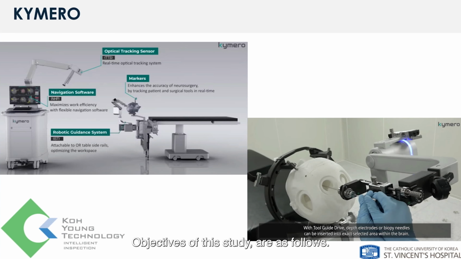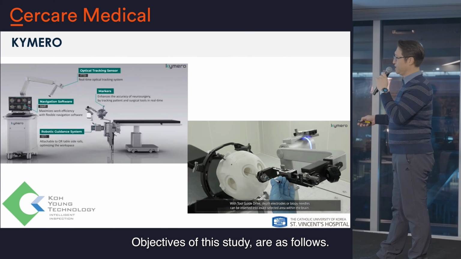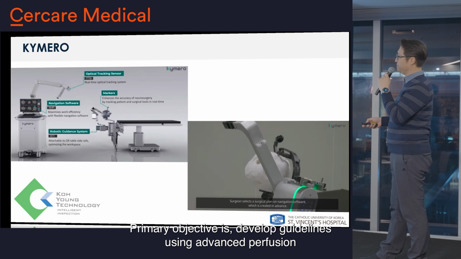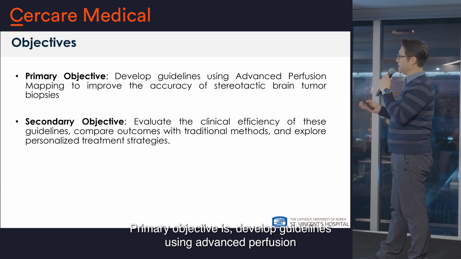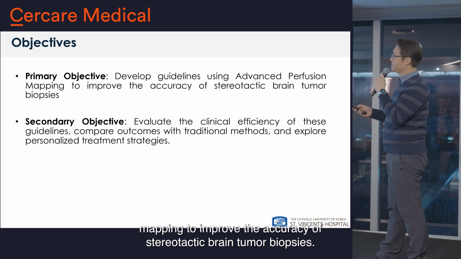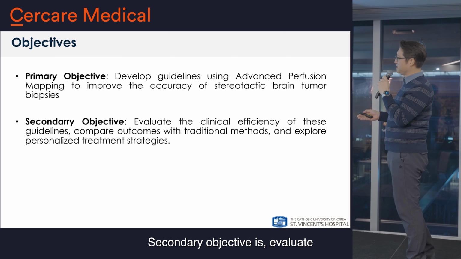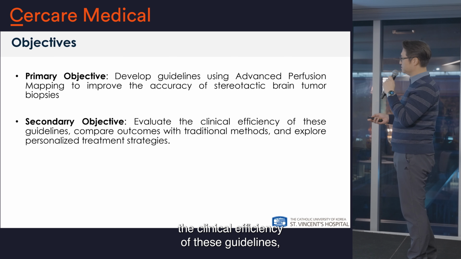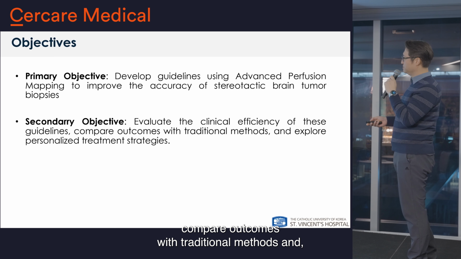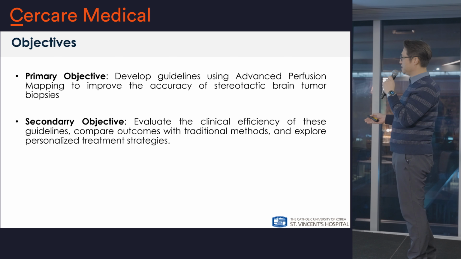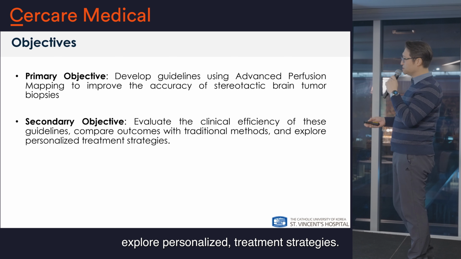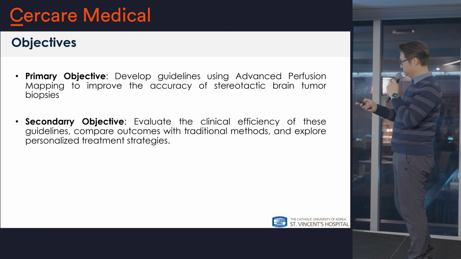The objectives of this study are as follows. The primary objective is to develop guidelines using advanced perfusion mapping to improve the accuracy of stereotactic brain tumor biopsies. The secondary objective is to evaluate the clinical efficiency of these guidelines, compare outcomes with the traditional method, and explore personalized treatment strategies.